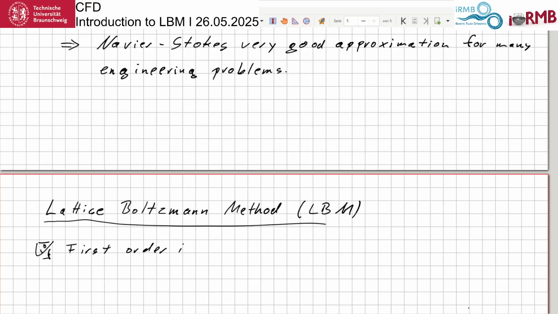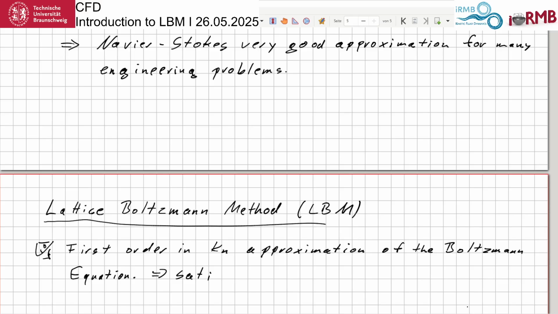The first order in Knudsen approximation of the Boltzmann equation is sufficient to solve the Navier-Stokes equation.